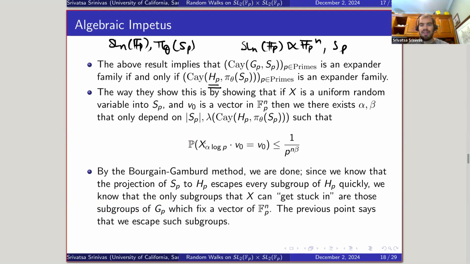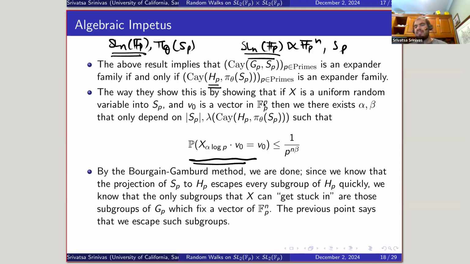So why are we done over here if we know that we escaped the vectors? Well, we know that we escape subgroups of the matrix part just because we hypothesize that we have a spectral gap when we project this measure down onto the matrix part.